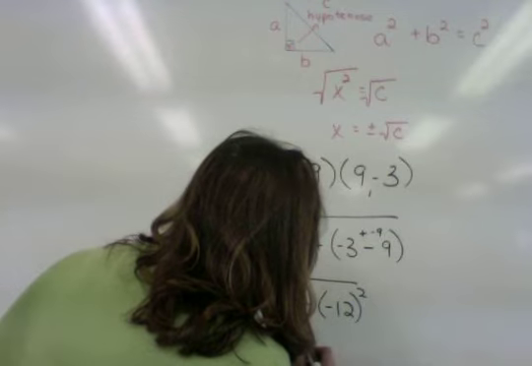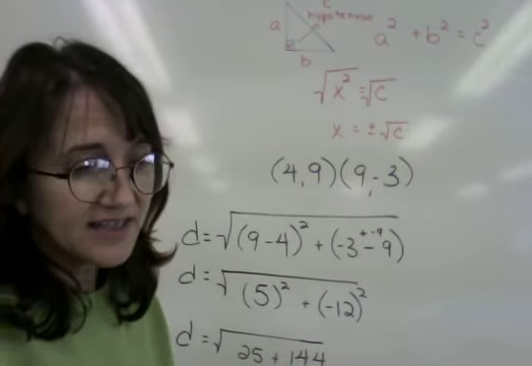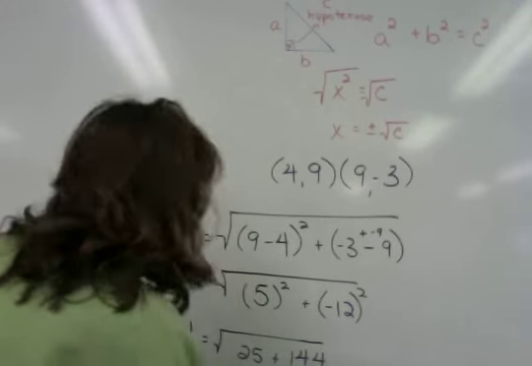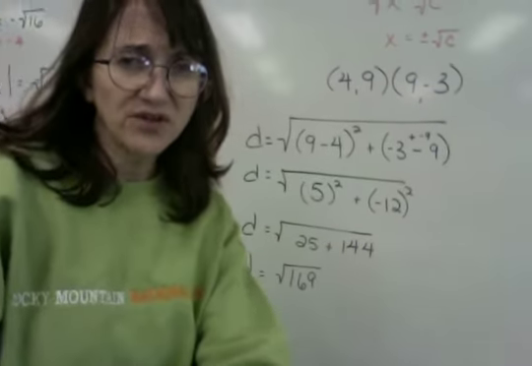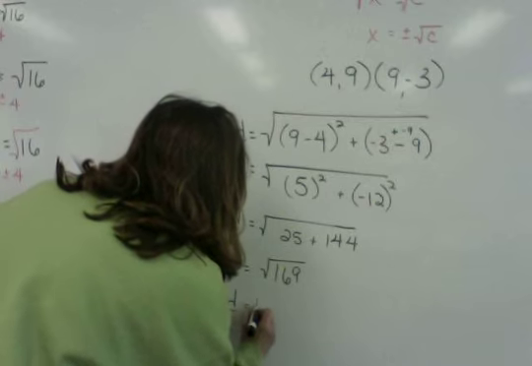So that's going to be 144. I'm going to add those together. As I add those together, that's going to become a perfect square, which is 169. But you all may remember when we were going over perfect squares, hey, what would that be? That would end up becoming a 13.